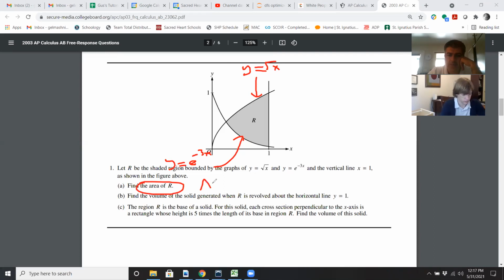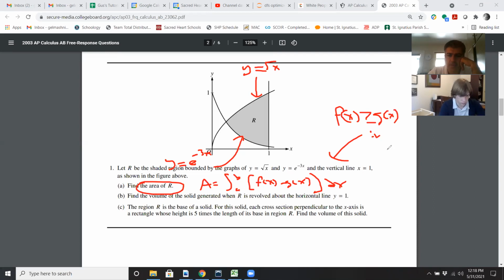So area, remember, is going to be from A to B of f of x minus g of x, where f of x is greater than or equal to g of x in your interval from A to B. Pretty obvious that root x is higher than e to negative 3x.